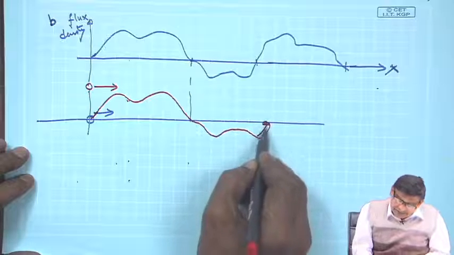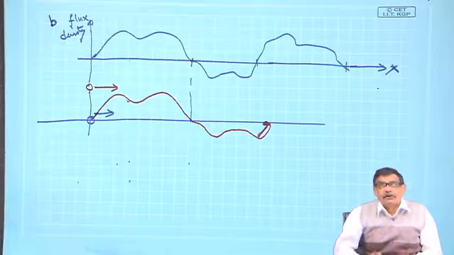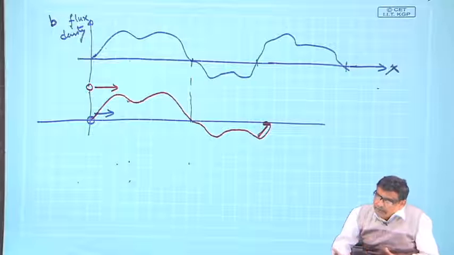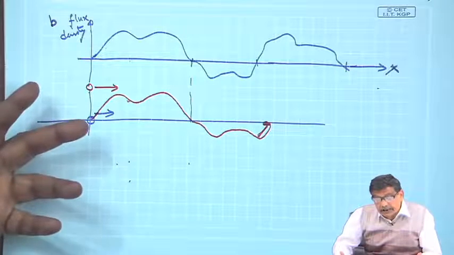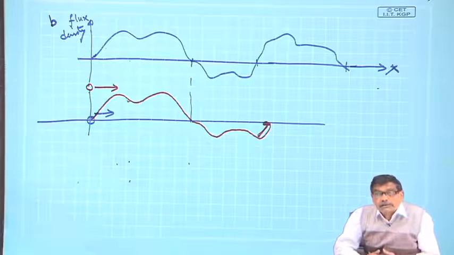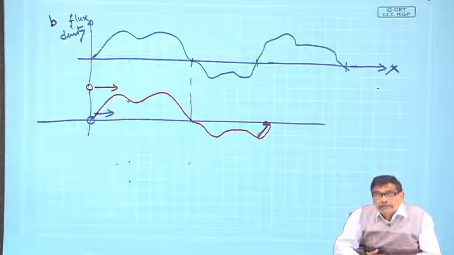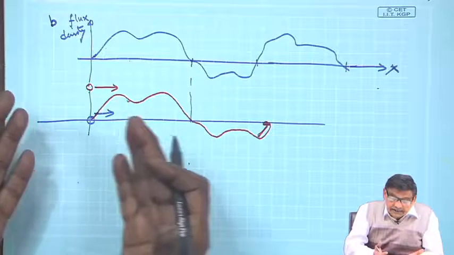Are you getting me? Because B, L, V, L and V are constant. So, the way B varies, the EMF generated across the two conductor ends will vary in the same way.